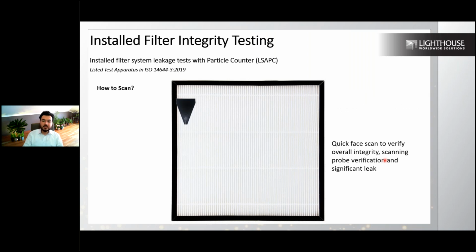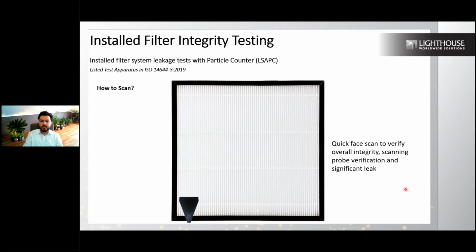The second thing here is you have to make a quick face scan for the integrity of the overall filter, with scanning probe verification and checking for significant leaks. You don't have to worry about your speed. It's just before you start, you're making a general scan of your filter face to see if there is a high leak.